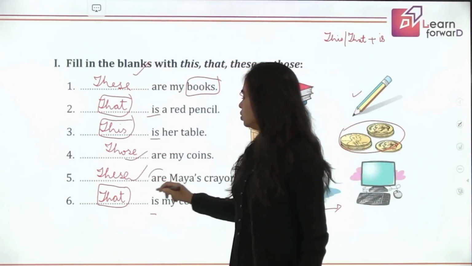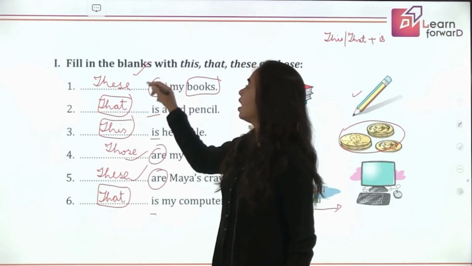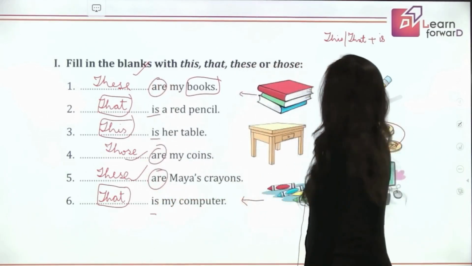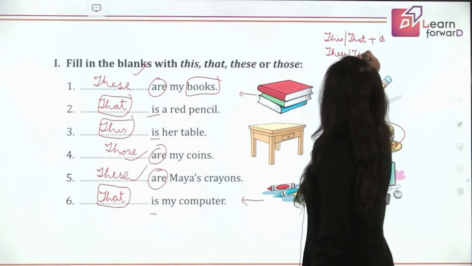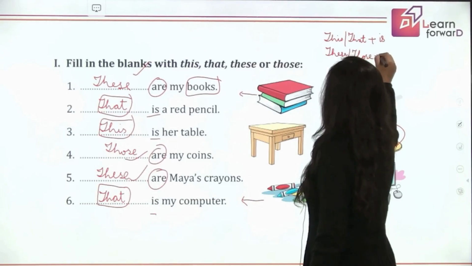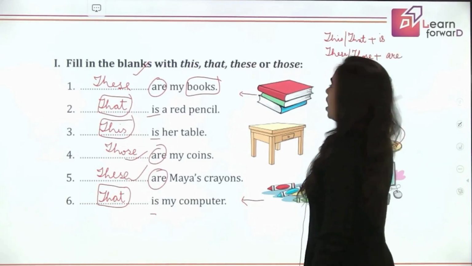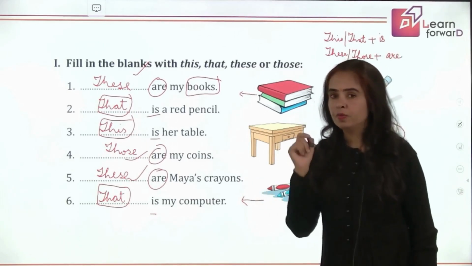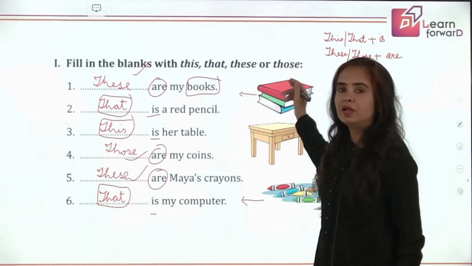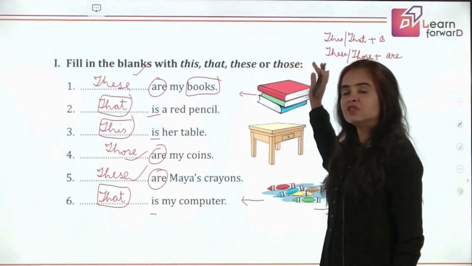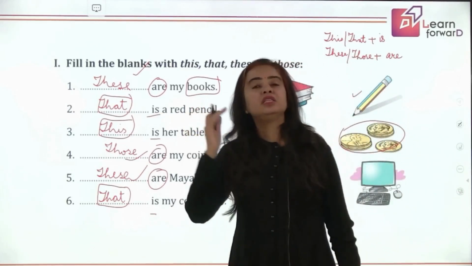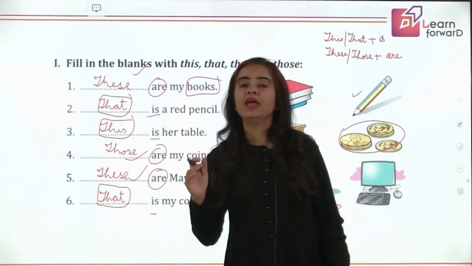You see we are using are here because we are talking about plural. So for these, those, we use are. Okay? I hope it will be easy for you to remember. You can just click a picture of this in your mind. This, that is followed by is, and these, those is followed by are.